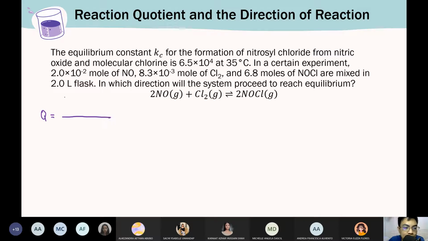Parang K lang din yan, lalagyan mo lang ng letter I. So that will be the concentration of nitrosyl chloride squared divided by the concentration of nitric oxide squared and the concentration of chlorine gas, squared by 1.